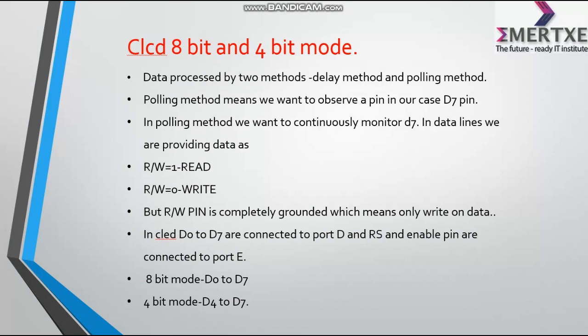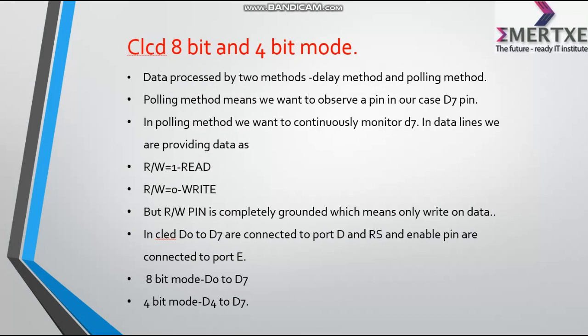Polling method means we want to observe a pin, in our case the D7 pin. It will read and write the data provided by us. If we set the R/W pin to 1, it will read, and if we set the R/W pin to 0, it will write.